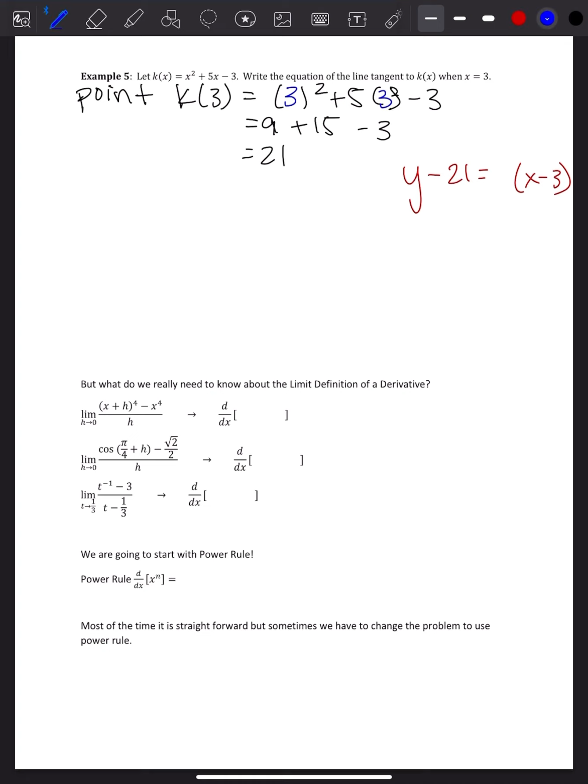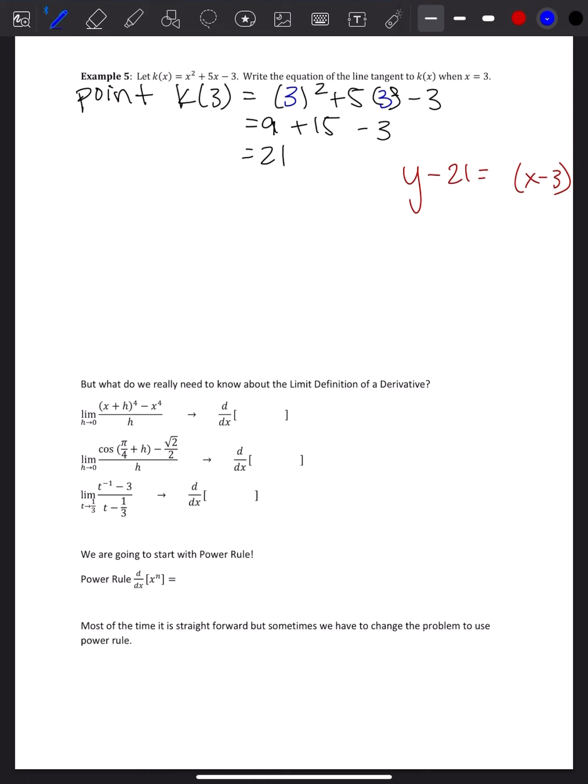When we do our equation, in this particular case, it's going to be a lot easier to find the derivative the way we would normally do it, but because we haven't re-talked about power rule, this is the way that I would do it if I didn't know power rule for some reason.